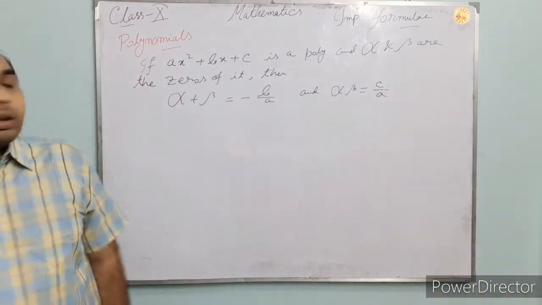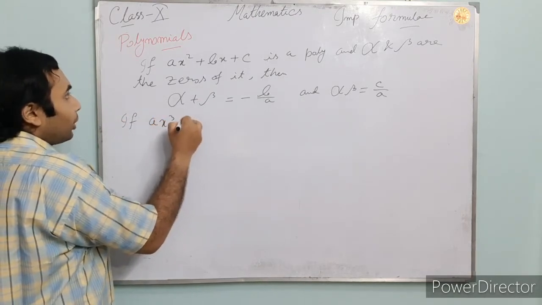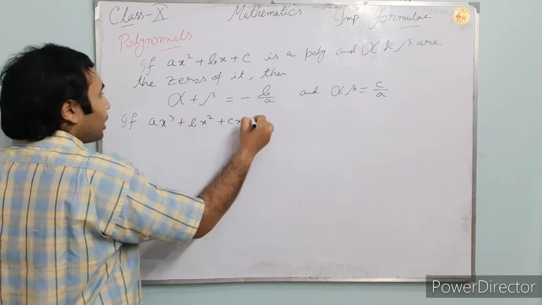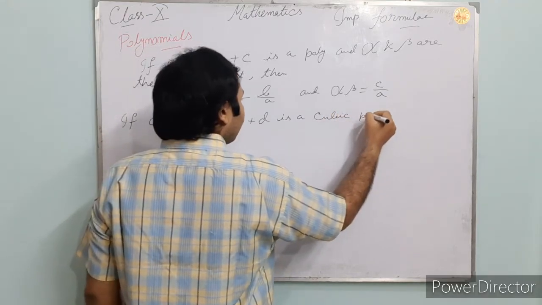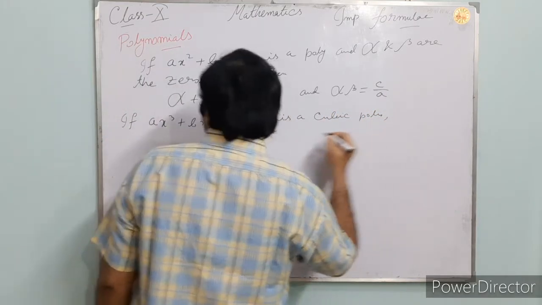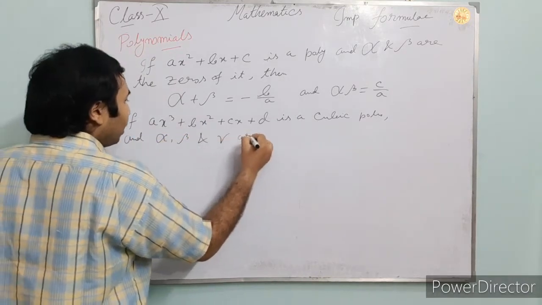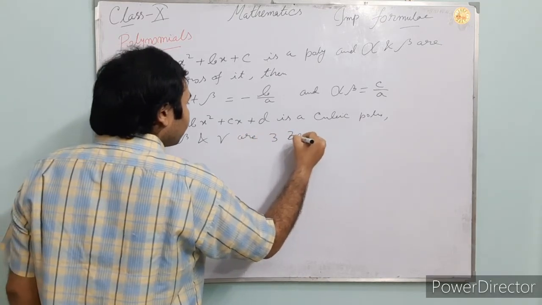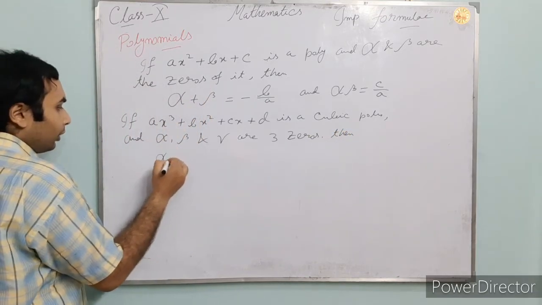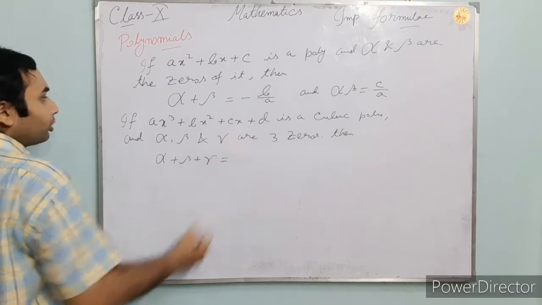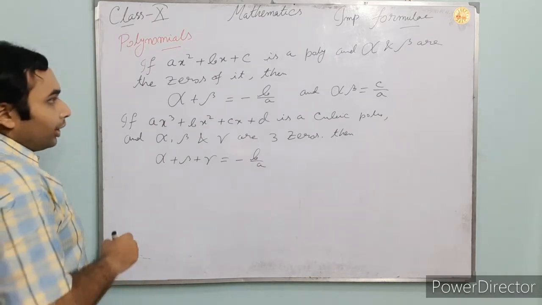If it is a cubic polynomial, that is, 3 zeros are there, if ax cube plus bx square plus cx plus d is a cubic polynomial, and alpha, beta and gamma are the zeros, then simple thing: alpha plus beta plus gamma, the sum of the zeros, equals minus b by a.